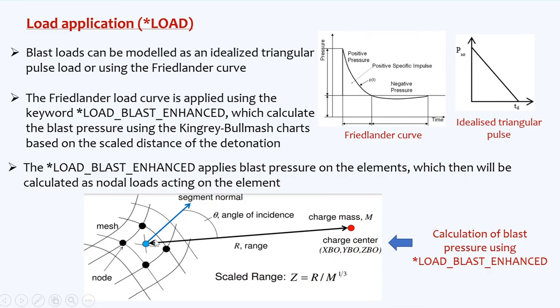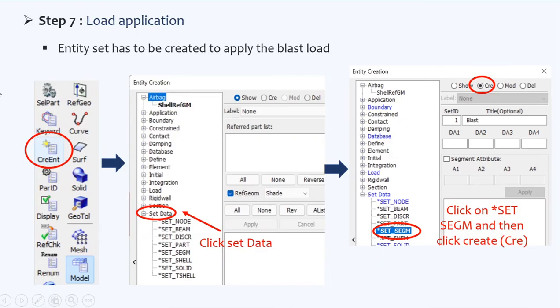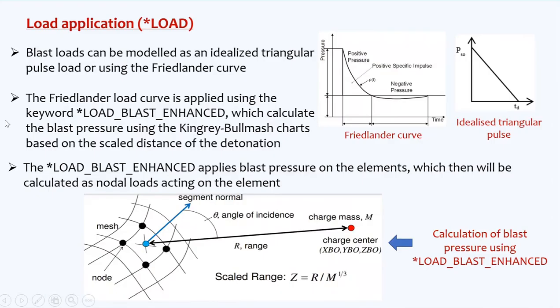It will apply on the segment, and then this will calculate the nodal forces, and that's how the software calculates the blast load. So here I have shown you that this blast load will be applied as a pressure.